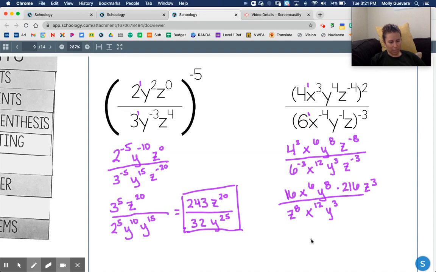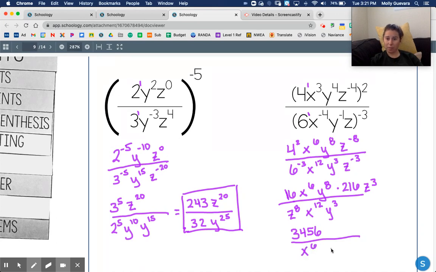So now I'm just going to start combining like terms. 16 times 216 is 3456. Let's look at my x's. I have 6 x's on top, 12 x's on bottom, so 6 of them cancel. I'm left with 6 on the bottom.